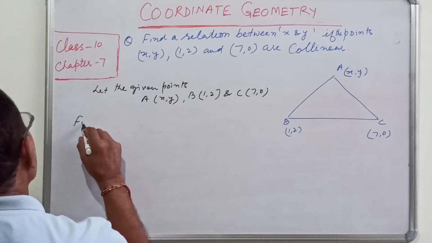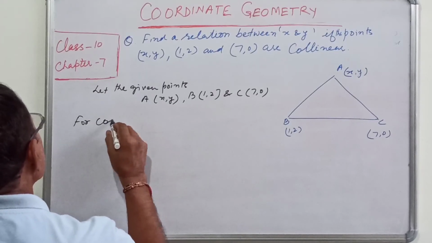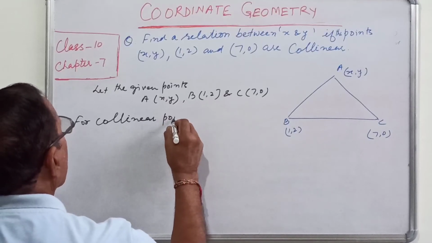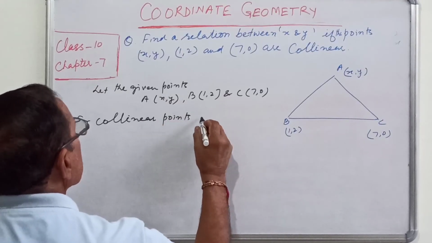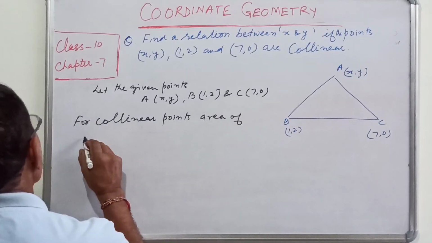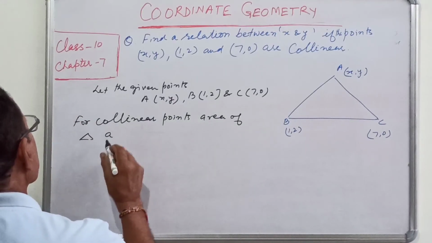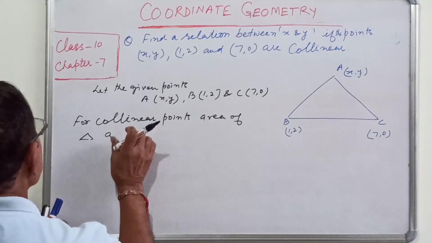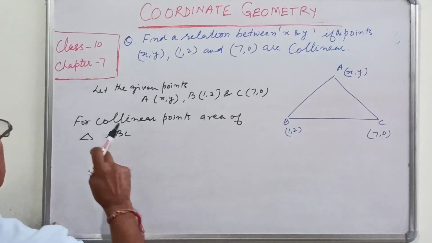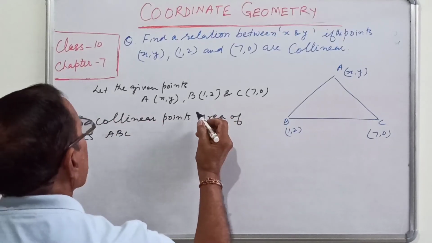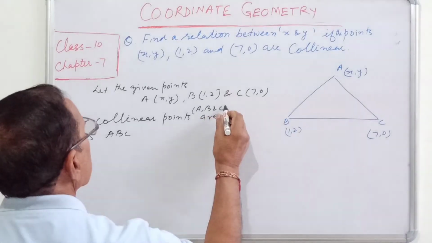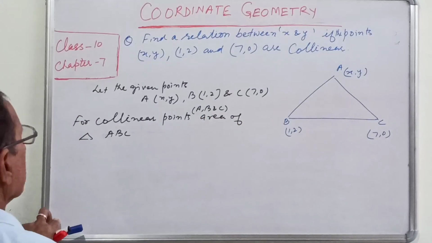For collinear points, so area of triangle ABC. So for collinear points, मैं यहाँ लिख रहा हूँ पॉइंट्स के नाम A, B and C are collinear.